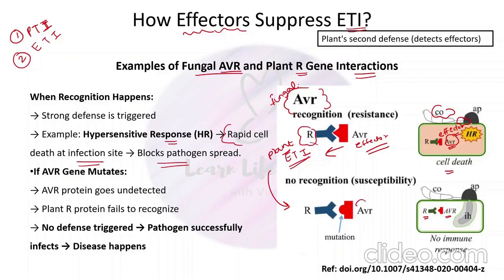Okay, as the effector protein is now mutated and the infection is successful, there will be no detection of this protein by the plant system, and no defense response will be triggered, and finally the pathogen will successfully infect the plant and the disease will happen. Okay, so this is the second response in which the fungi bypasses the effector triggered immunity.